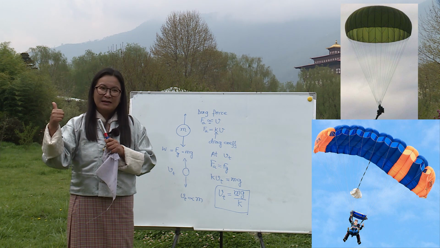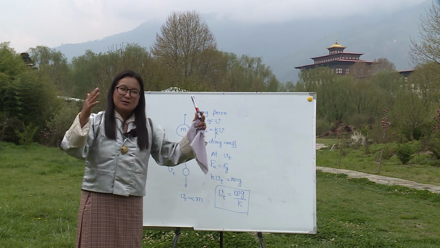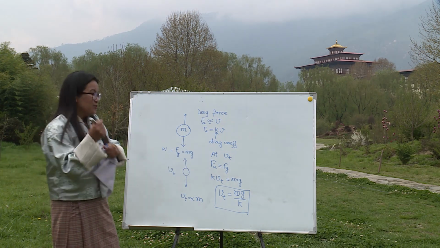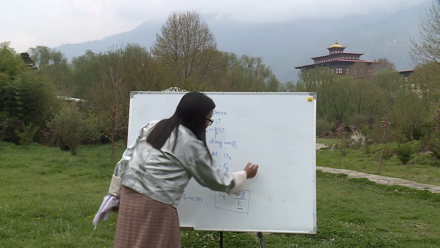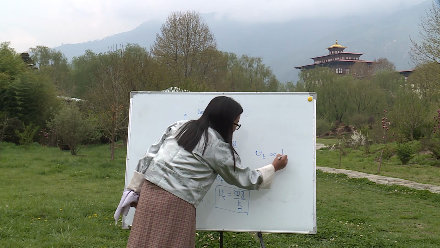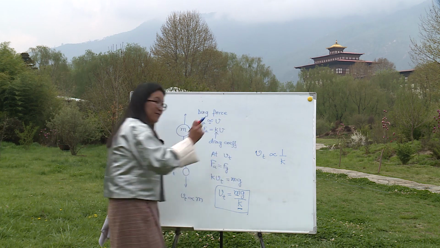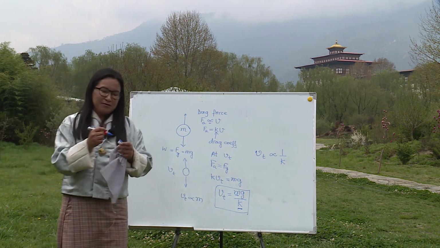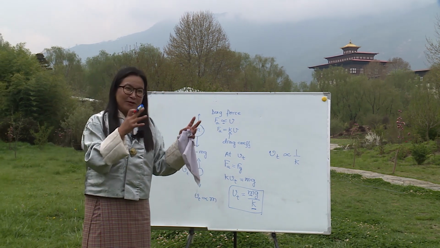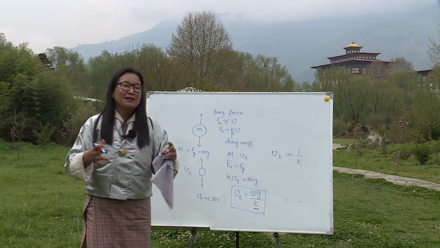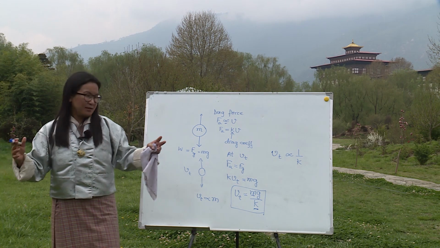Military has a small surface area and the commercial has a bigger one. Naturally the military one will drop down fast because here k depends on the surface area. Terminal velocity is inversely proportional to k. So if the surface area is less, it will have a greater velocity. That is one reason why military parachutes have a smaller area. You don't want to be seen by your enemies falling down slowly, but the commercial one is for sightseeing, so that is why it has a bigger area.